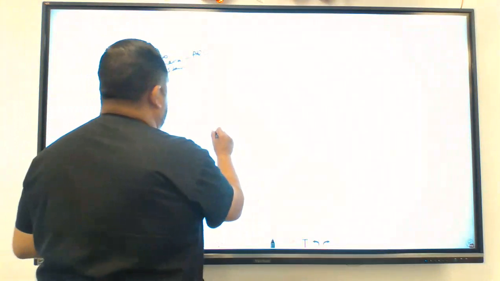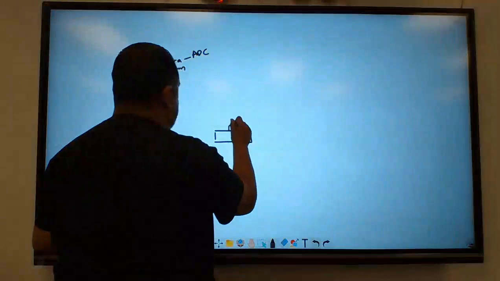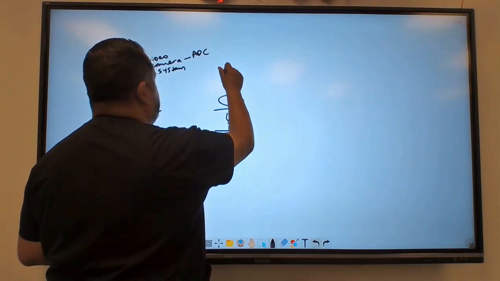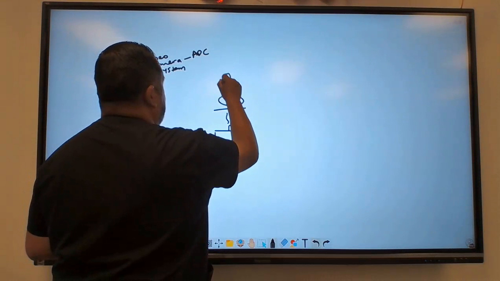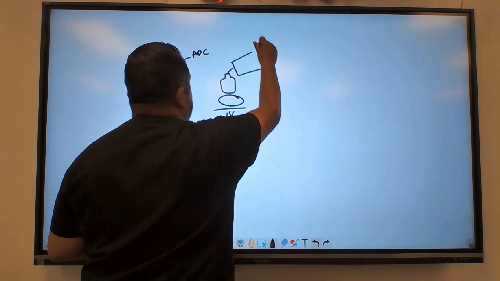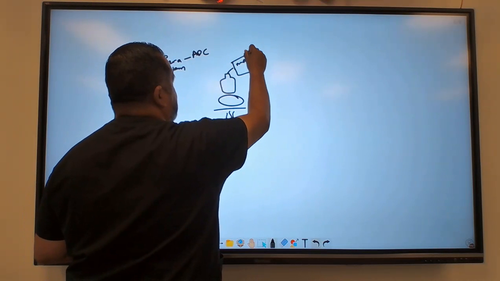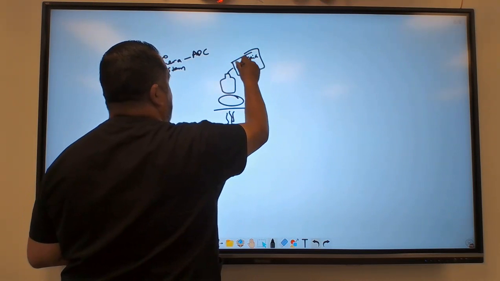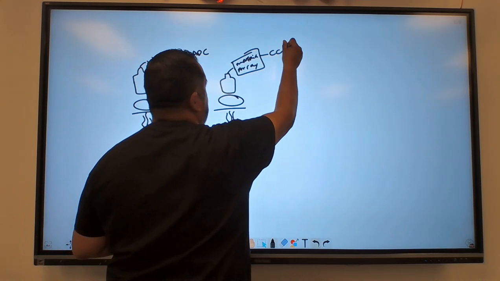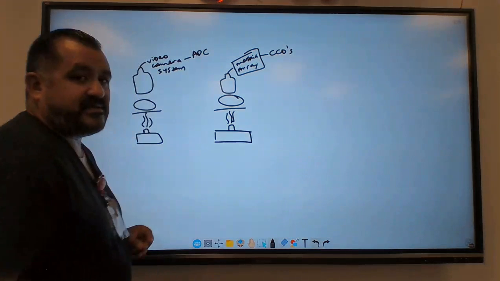Then they had another system. Here's your x-ray tube. Here's your x-rays. Here's your patient. Here's your intensifier tube. But then they started going digital on us, and they introduced something called a matrix array. The matrix array was full of CCDs, charge coupled devices.